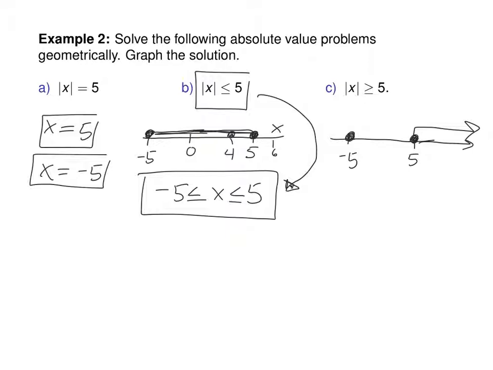The other numbers that work, are they on the left of -5 or the right of -5? On the left. And that would be one of those things where you have a union. Does that make sense? Or an or? So you could say x is less than or equal to -5, or x is bigger than or equal to 5.